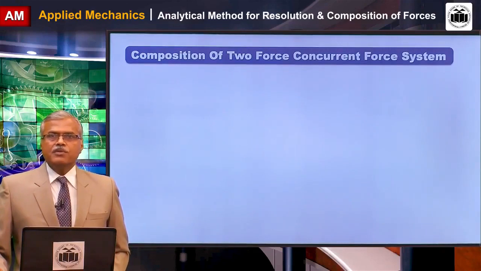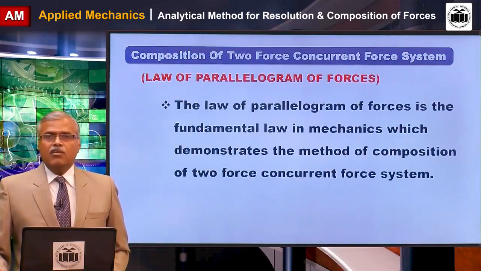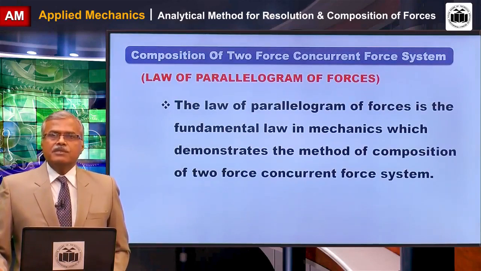The composition of forces of a two-force concurrent force system can be obtained by a law, the law of parallelogram of forces. The law of parallelogram of forces is the fundamental law in applied mechanics, which demonstrates the method of composition of a two-force concurrent force system.